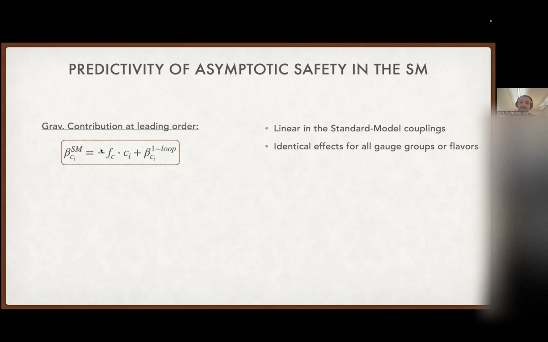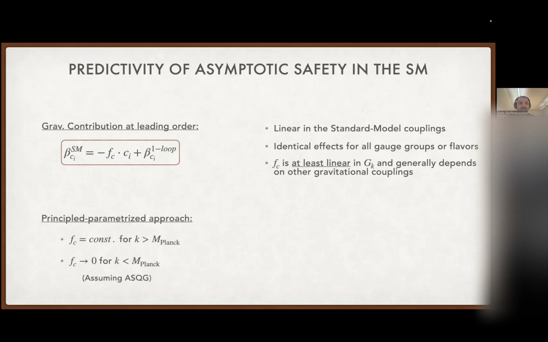Another important thing is that you can think of this gravitational contribution as a function of the dimensionless gravitational couplings. Specifically, this f_c is at least linear in the Newton coupling, and generally depends also on other gravitational couplings, like the cosmological constant. This kind of dependence allows us to use a more phenomenological approach and approximate this gravitational contribution as a constant above the Planck scale.